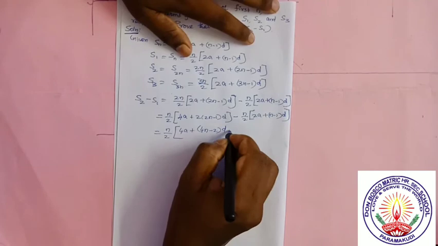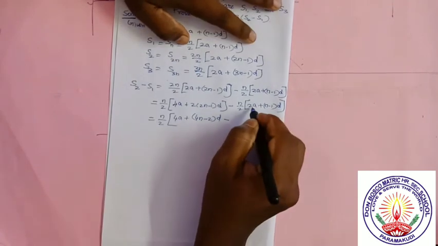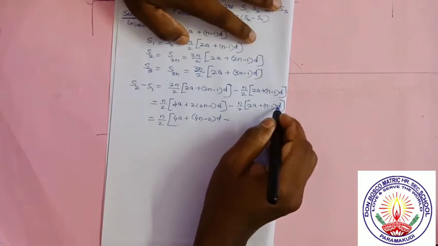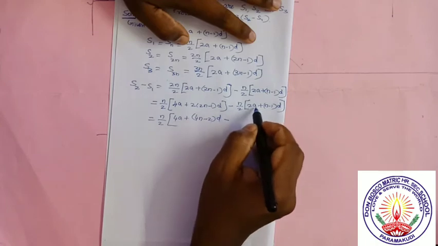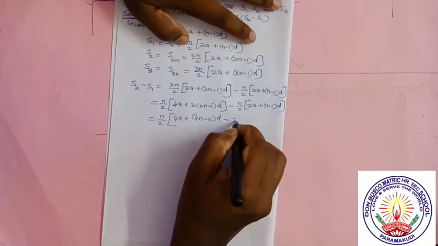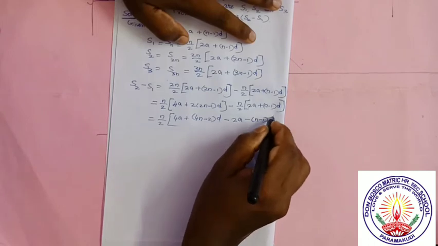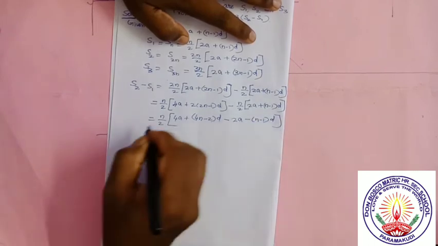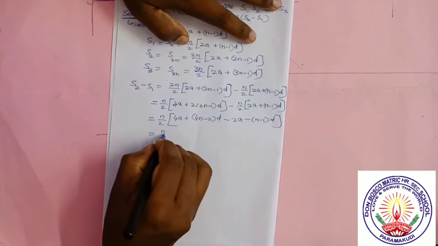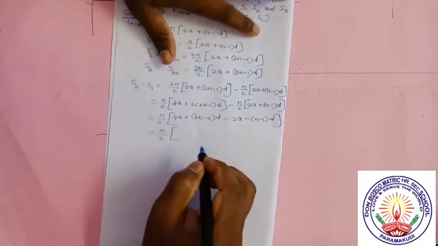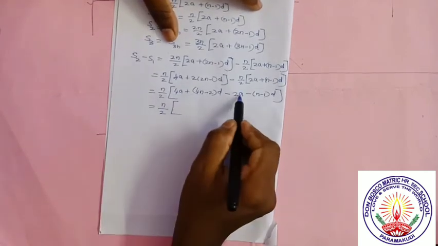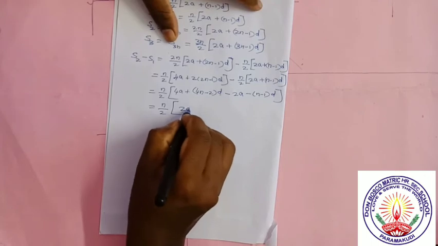Now what is the sign? Minus. Here 2a plus n minus 1 into d is common. When minus goes inside, plus will become minus. So minus 2a minus n minus 1 into d. Now this is equal to n by 2 into, now see, 4a minus 2a is equal to 2a.